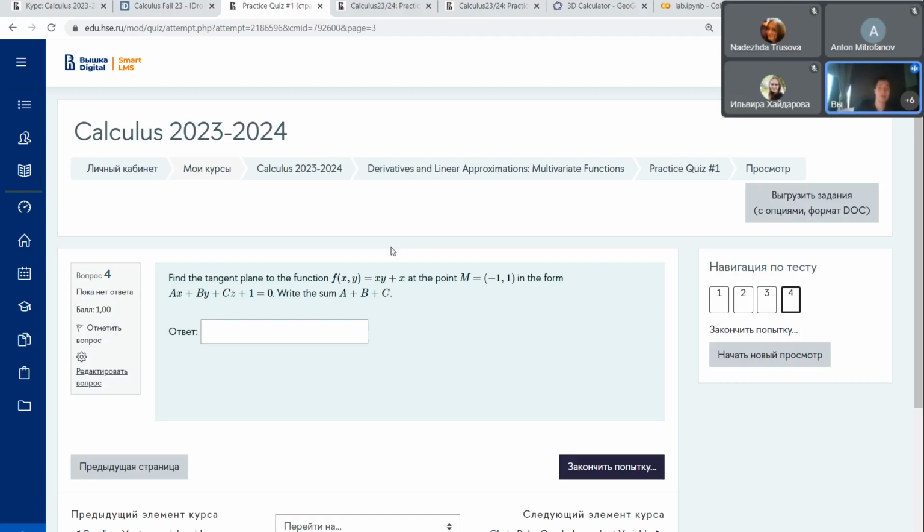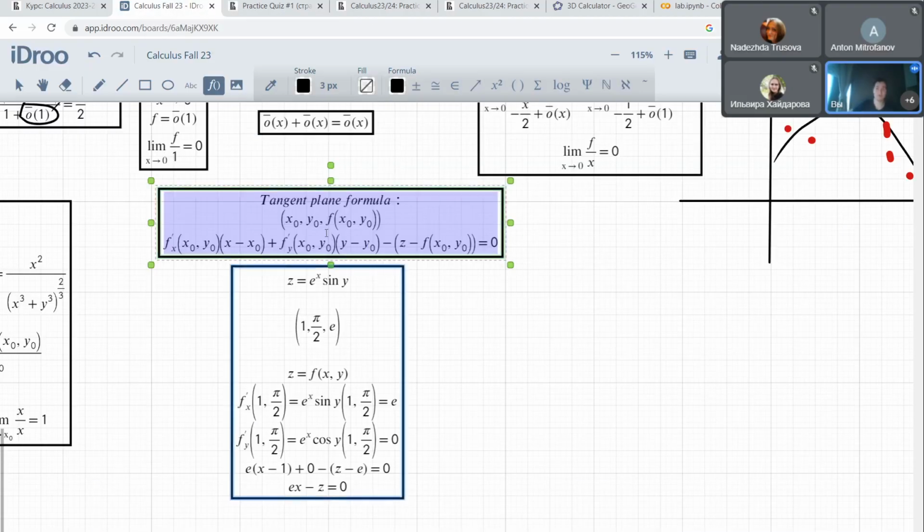Okay, so we can easily solve this task, maybe just in the mind, because it's easy to compute the value of this function at the point -1, 1. It's easy to see that this value will be -2, and we know that we have this formula.